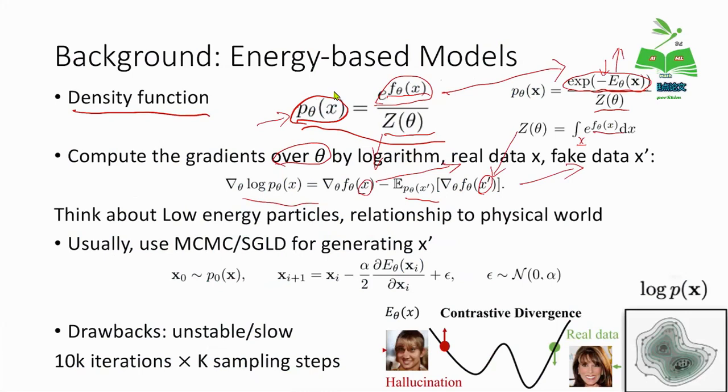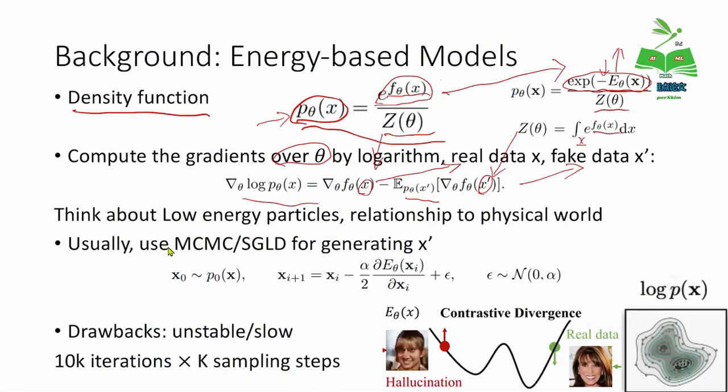The physical meaning of the energy function or the energy-based model is maybe about some prior knowledge, but here I won't talk too much about it. To optimize it, we know this is the real data from the training data set, but where does the fake data come from?